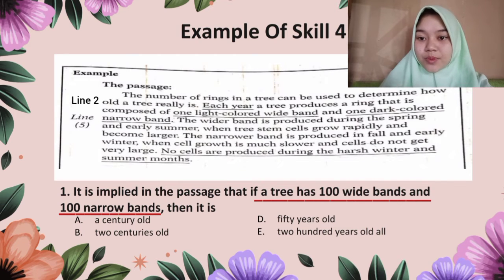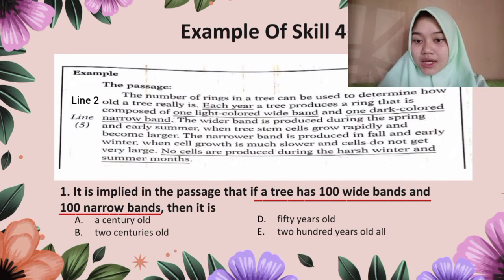Each year a tree produces a ring that is composed of one light colored wide band and one dark colored narrow band. If each year produces one light colored wide band and one dark colored narrow band, then 100 wide bands and 100 narrow bands is 100 years or 1 century. It's very simple, and the answer is a century old.